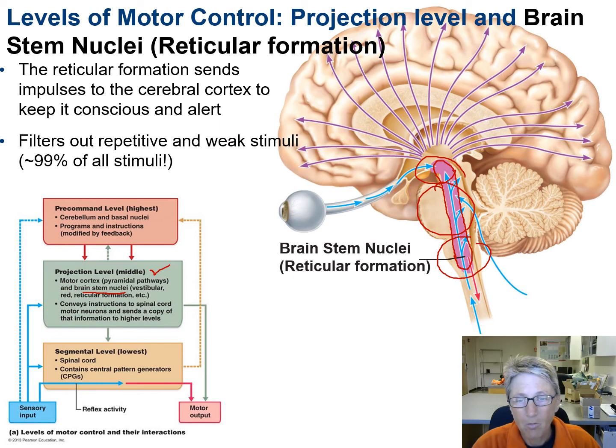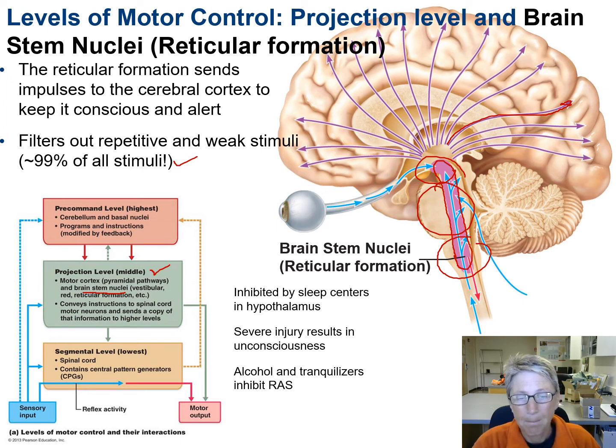So the reticular formation basically sends out impulses, shown via these purple arrows, to the cerebral cortex, so that you can stay alert and conscious. And the brainstem nuclei filter out repetitive stimuli or weak stimuli, which includes about 99% of all the stimuli that come into your reticular formation; it is weak, and it gets filtered out.